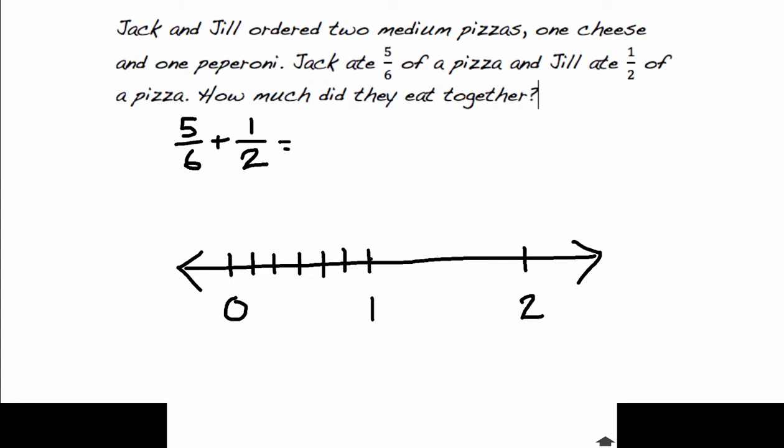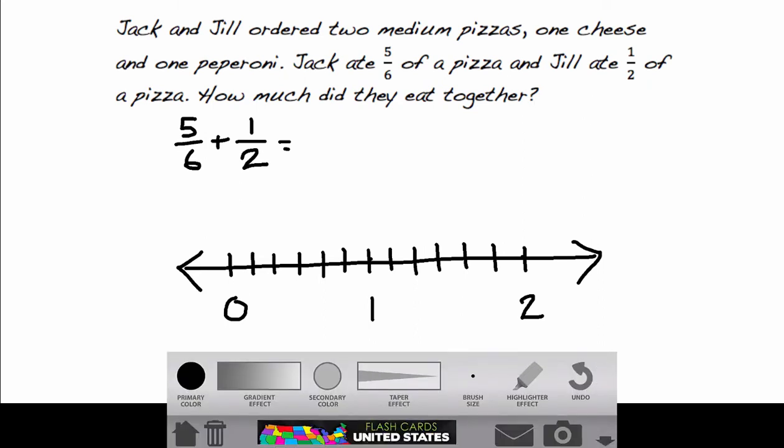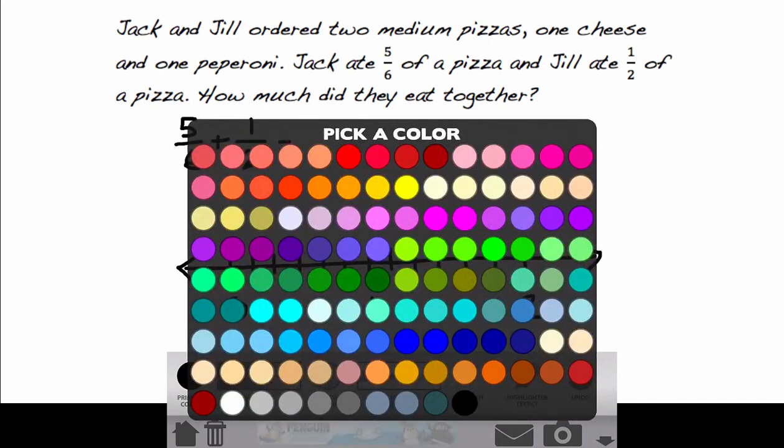And then from 1 to 2, I will also break that into 6 pieces, 1, 2, 3, 4, 5, 6 pieces to create those whole units. I'm going to go ahead and change my color so I can represent that first 5/6 on my number line.